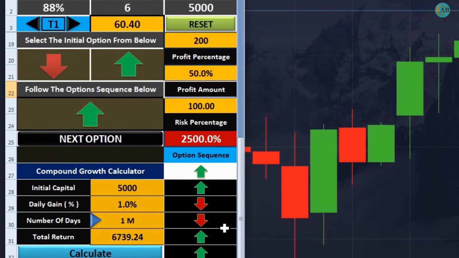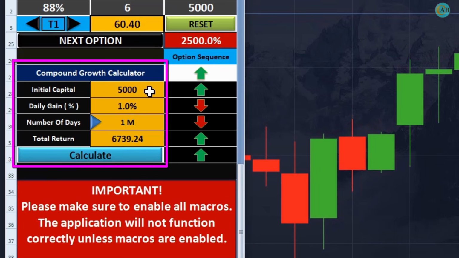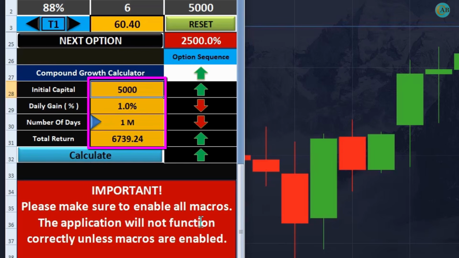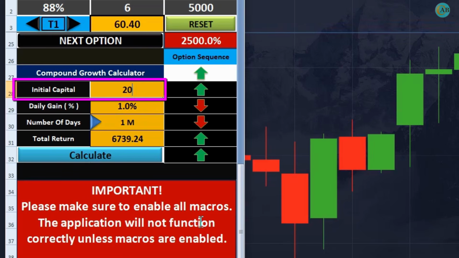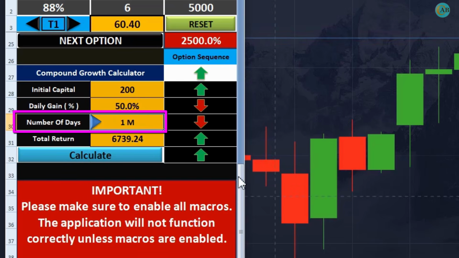Let's move to the compound growth calculator and show you how the capital return will be after 5 days. I'm gonna fill in the yellow boxes starting from the initial capital. I'm gonna put $200, for the daily gain 50%. Then the number of days, 5 days.